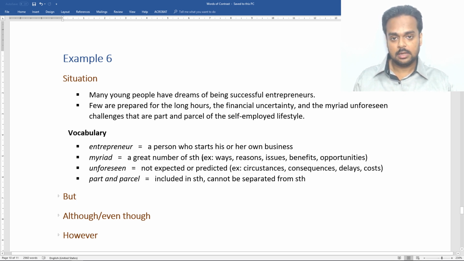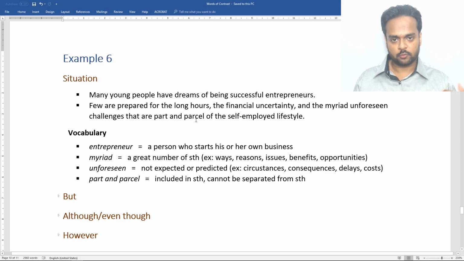It's just like the phrase that we looked at previously, a slew of. So myriad is a great number. Unforeseen means not expected or predicted. The myriad unforeseen challenges are the many unexpected challenges that are part and parcel of the self-employed lifestyle.